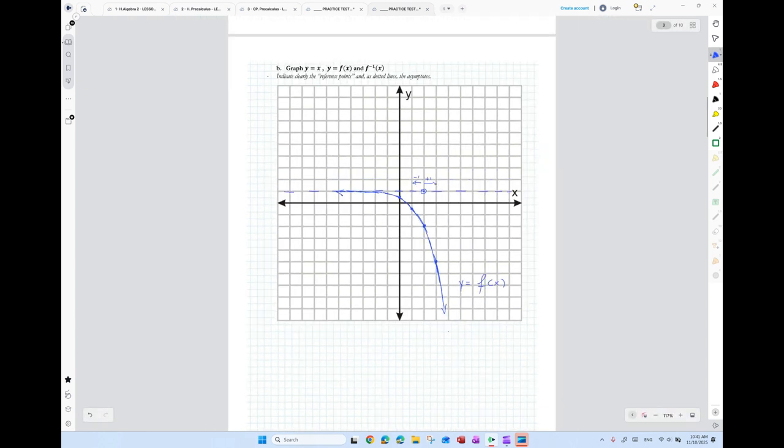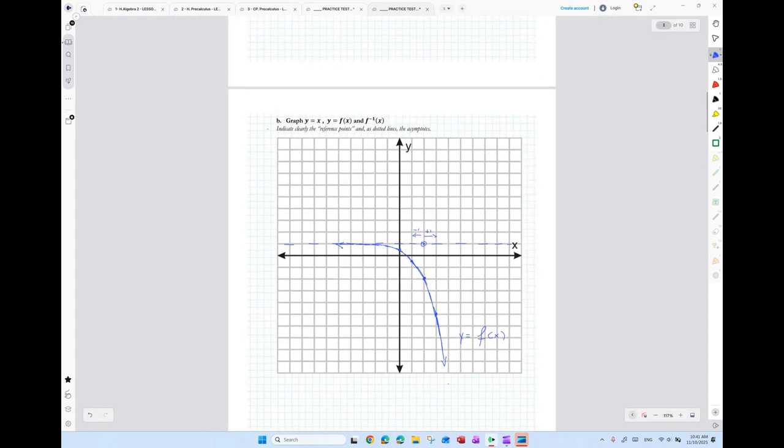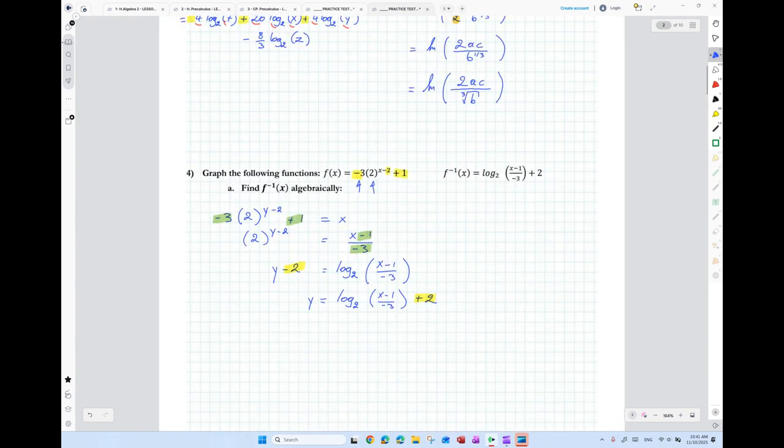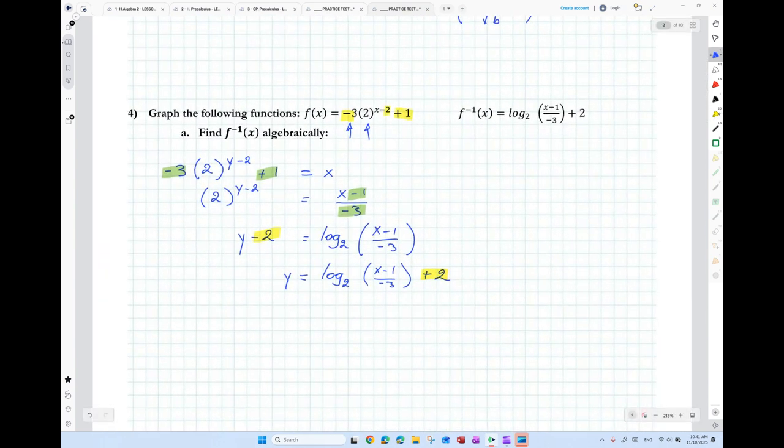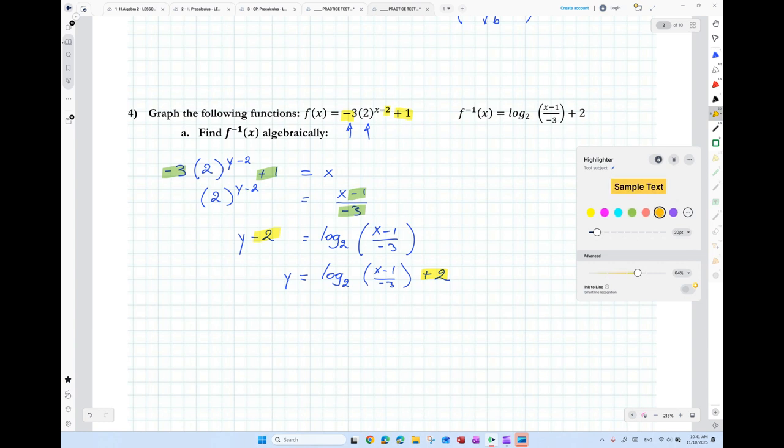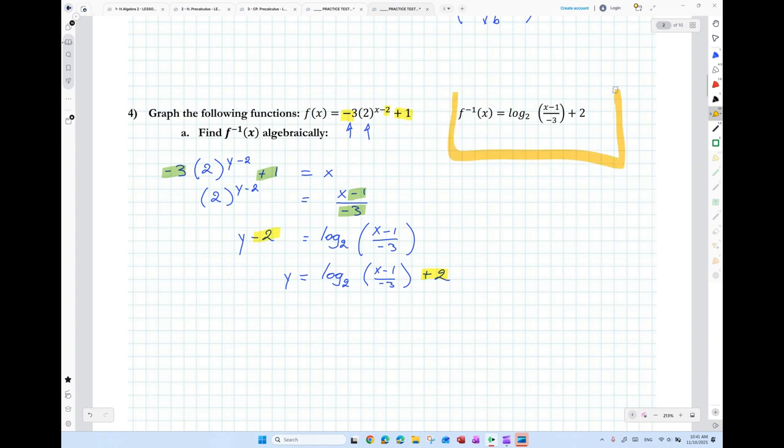And then to graph the inverse function, I'm not going to bother with this because I've got a negative 1/3 coefficient. It is possible, but we did not go through that.